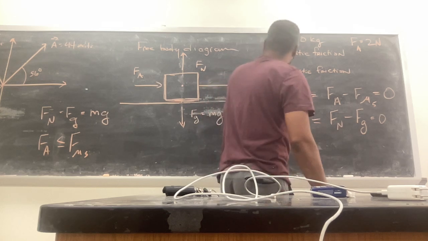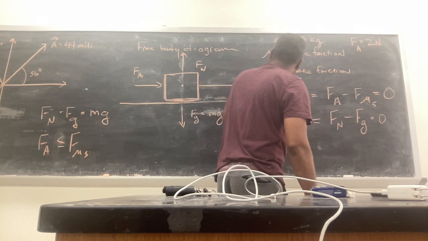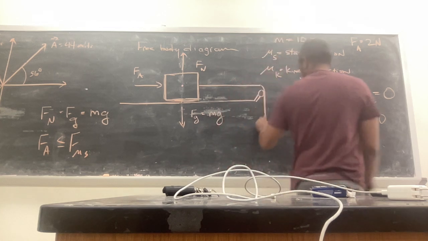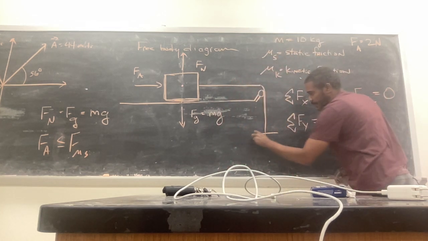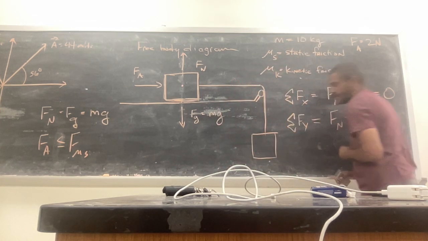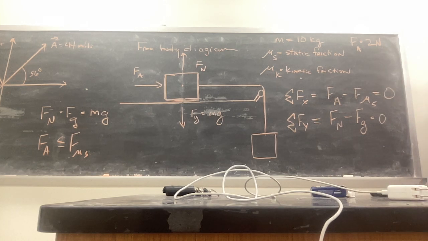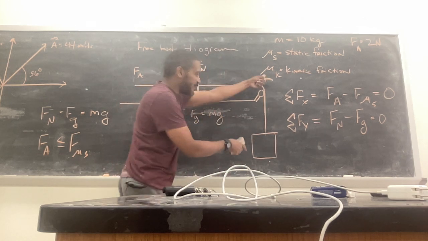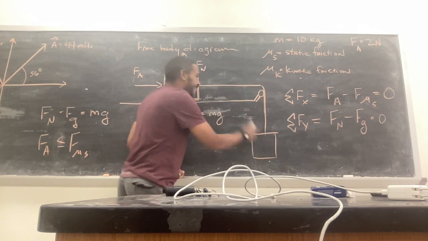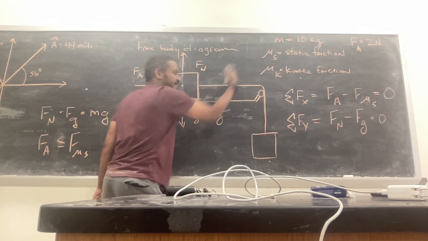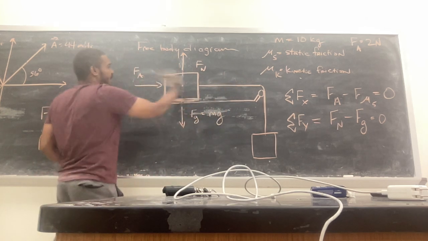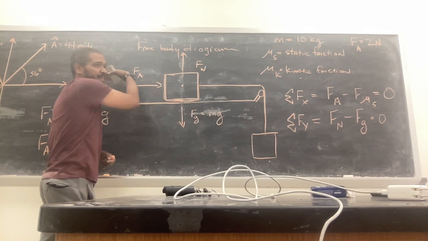We have a pulley right here, coming down, attached to another block. Obviously this one pulls this one this way due to its weight, and then this one pulls this one back up. It can have some other force pushing it back this way. You see what I'm saying?